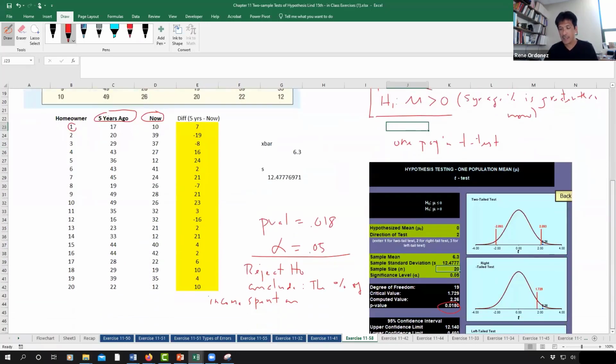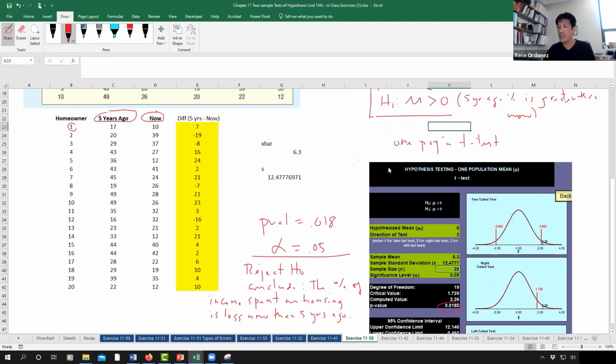Yep. On housing is less now than 5 years ago. Okay.